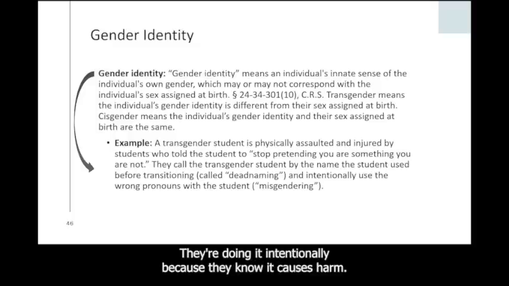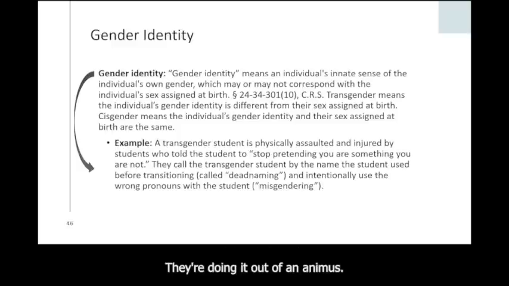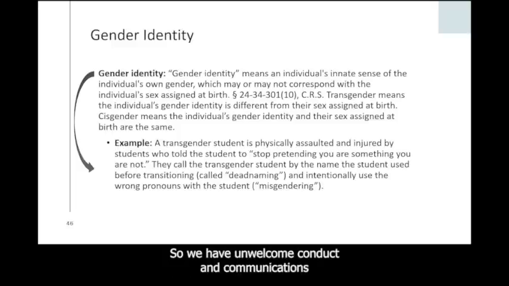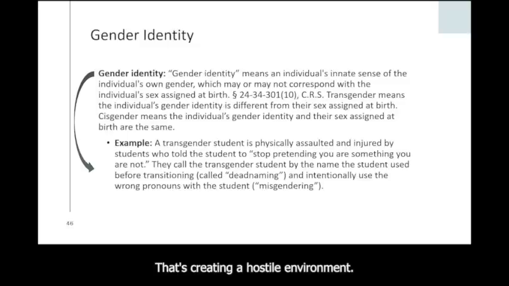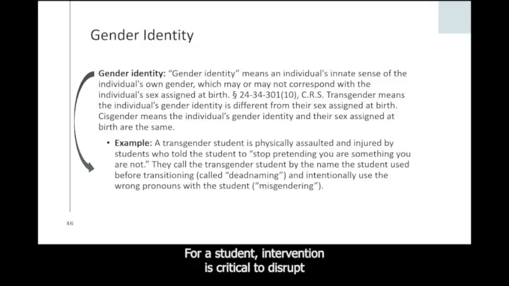They're doing it intentionally because they know it causes harm. They're doing it out of an animus and to bully the student. So we have unwelcome conduct and communications connected to a protected class, gender identity, that's creating a hostile environment for a student. Intervention is critical to disrupt what's happening to the student.